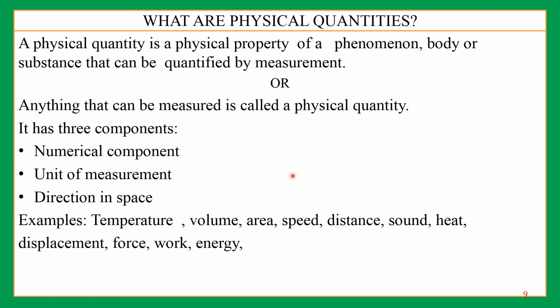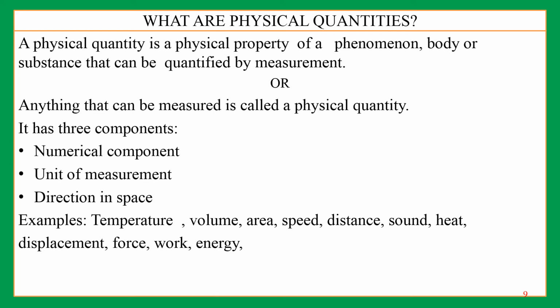The numerical component is 60, km/h is the unit of measurement of speed, and the direction is north. Some examples are temperature, volume, area, speed, distance, sound, heat, displacement, force, work and energy.